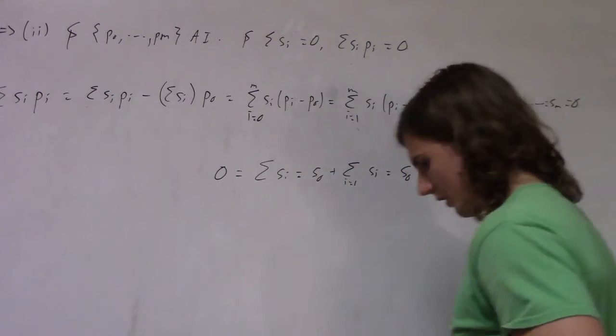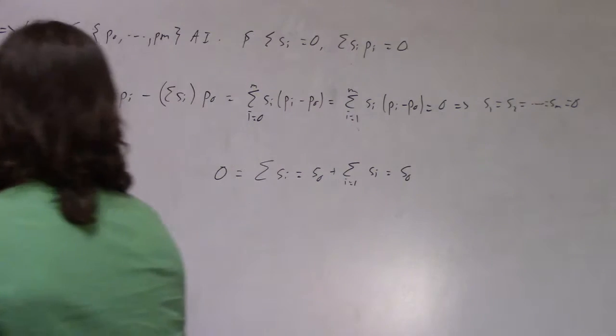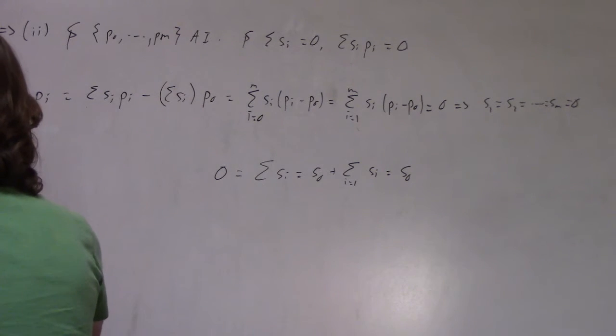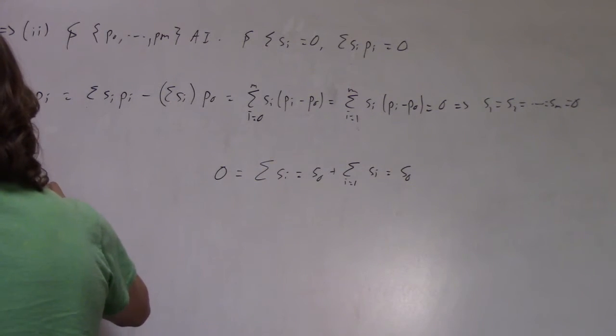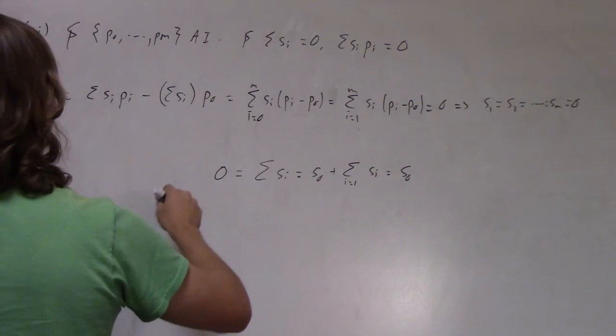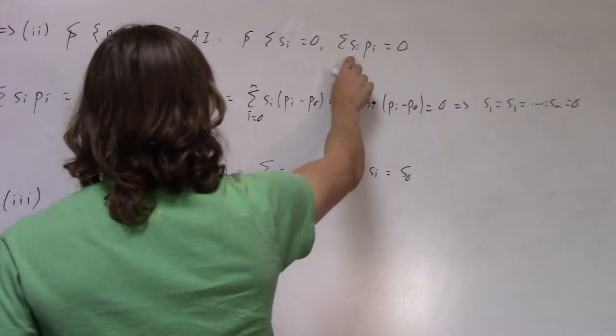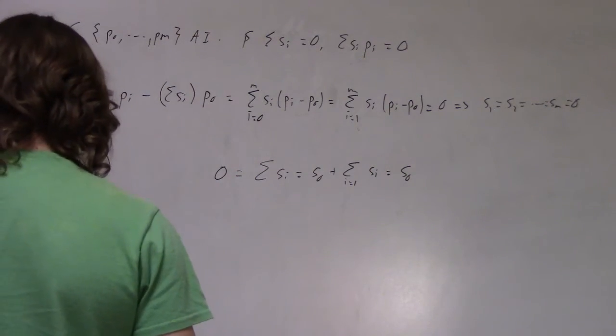So, alright, and then for 2 implies 3. Now we assume that if this is true, then each of these S's is going to be equal to 0.